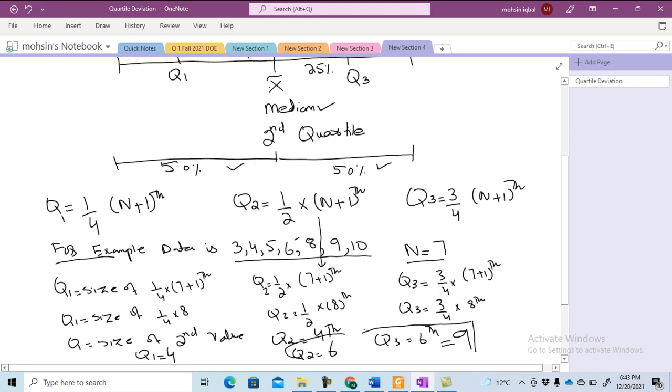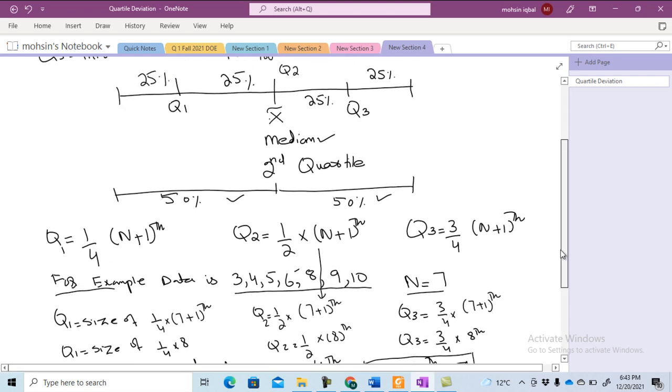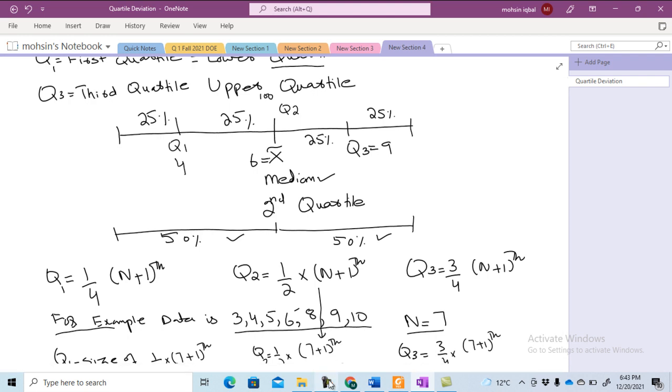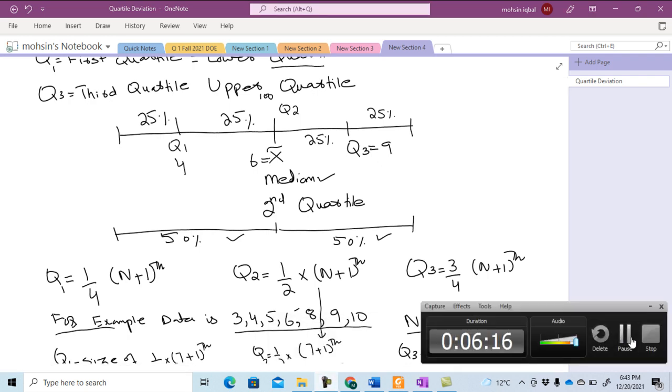In this way, I have calculated Q1, Q2, and Q3: Q1 is 4, the median is 6, and Q3 is 9. So we have calculated the quartiles for very simple data. Now I'm going to calculate for a little bit more complex problem.